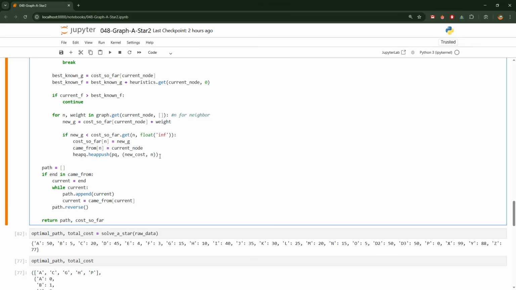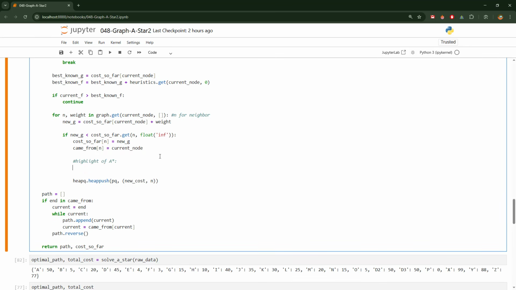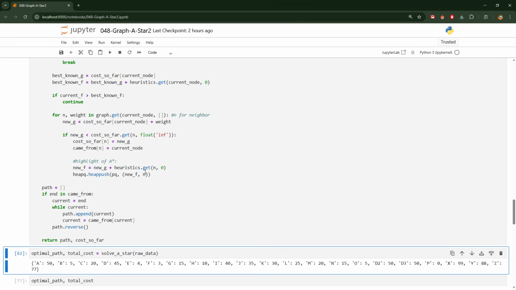And now pretty much the highlight of A star is this one here, and it is actually new F equals new G plus heuristics dot get n and 0. Yeah, fair enough. And of course heap q, heap push pq. Of course we are pushing the new F and the neighbor. Shift and tab, everything runs perfect.